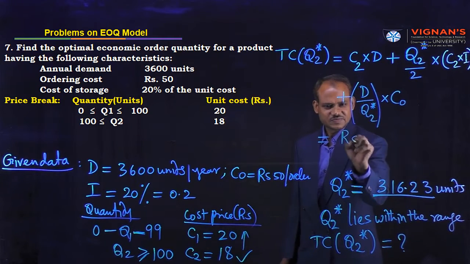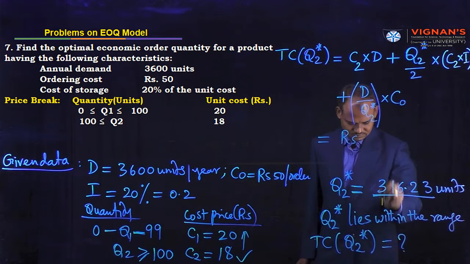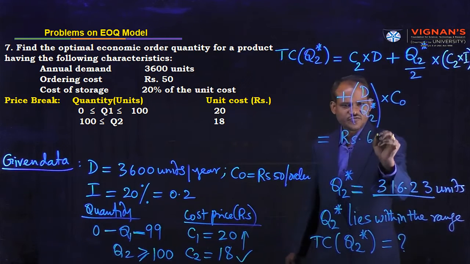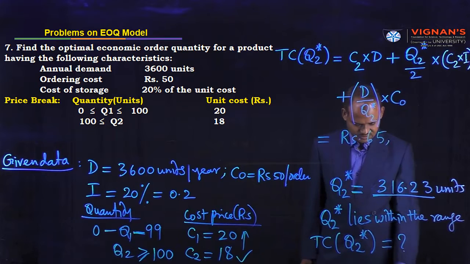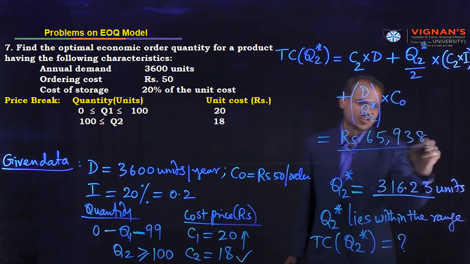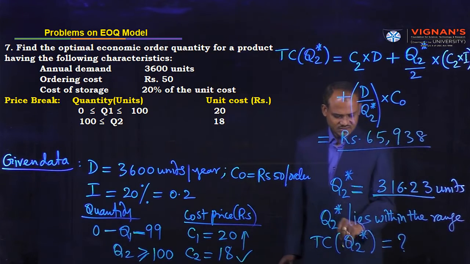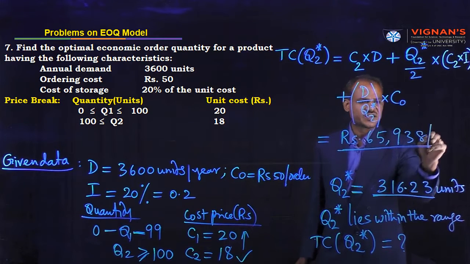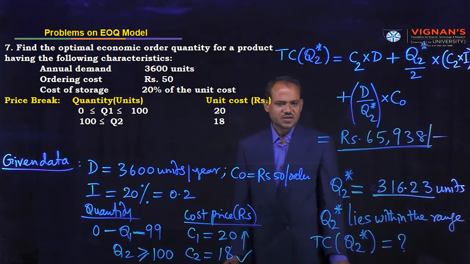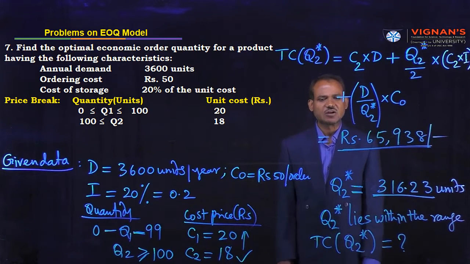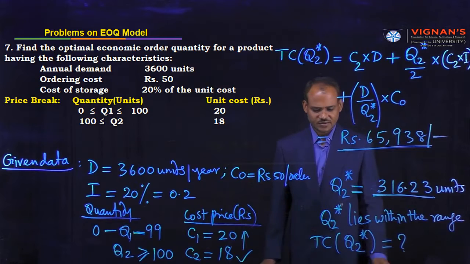Rupees 65,938. This is the answer. Total cost at Q2 star is equal to 65,938. Okay. Next, also calculate total cost at break quantity B.